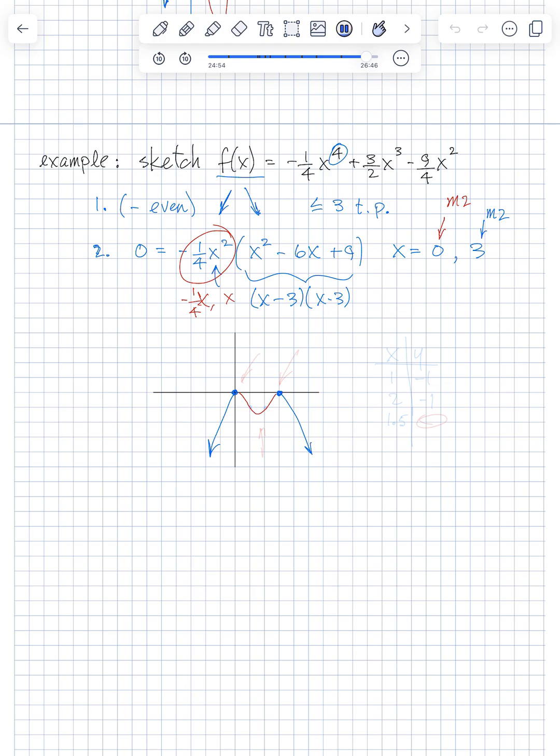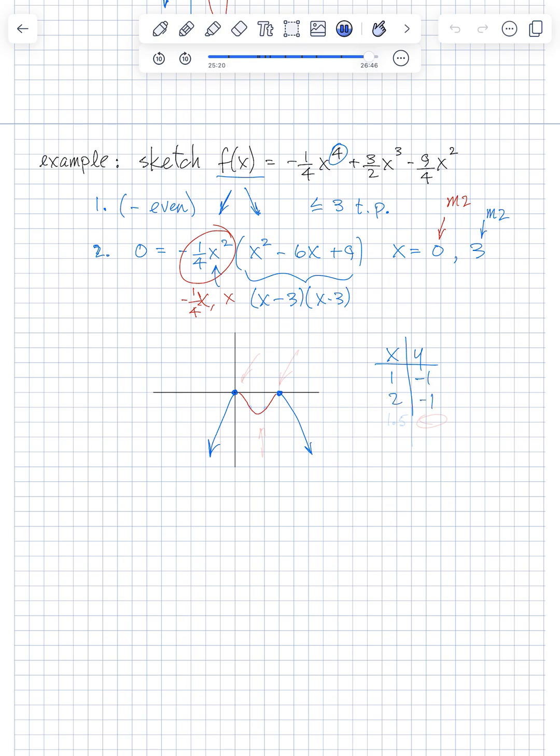So if we were to plot points like x equals 1, let me just do an xy table, since that's what we like to do anyway. So let's go at x equals 1, y is negative 1. At x equals 2, y is negative 1.